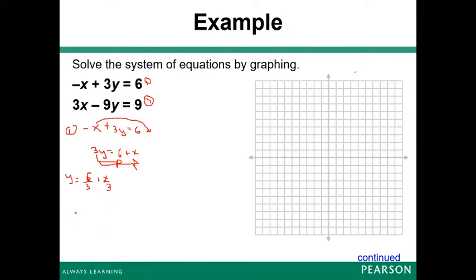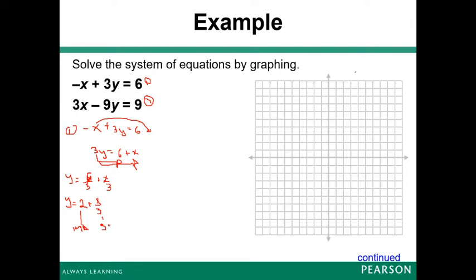Now 6 and 3 we can simplify: y equals 6 over 3, which is 2, plus x over 3.